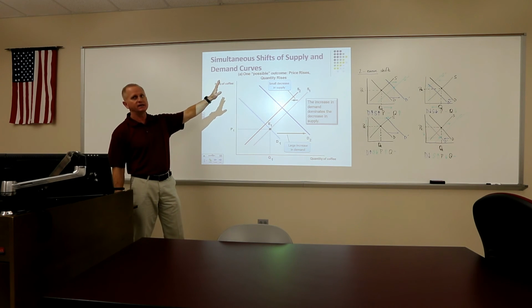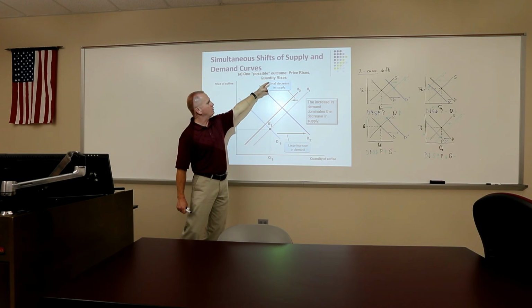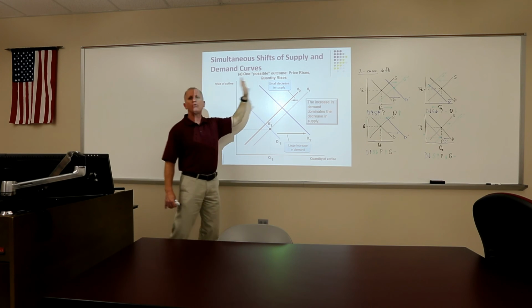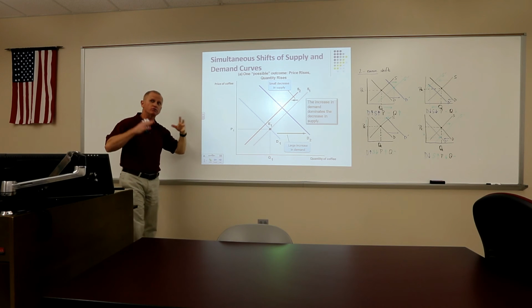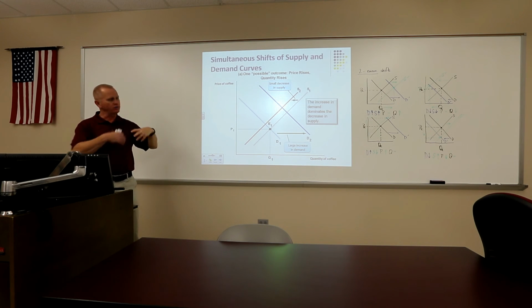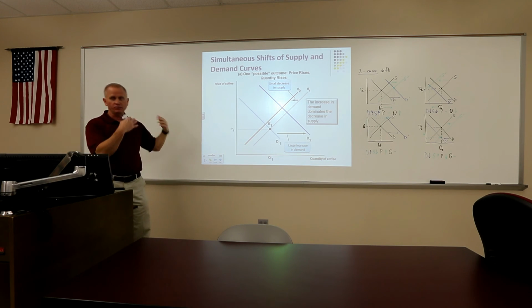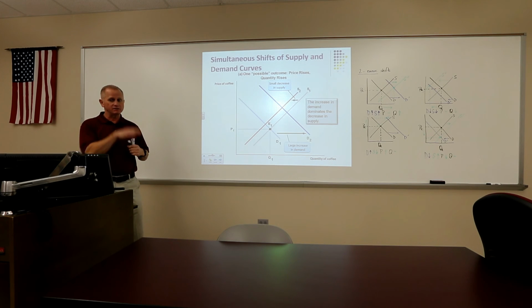Now they did say in this slide, I think this one came out of your book, one possible outcome would be that price rises. I don't want you to do that. I want you to say that you don't know the quantity. Quantity is an unknown, so you put a dash.